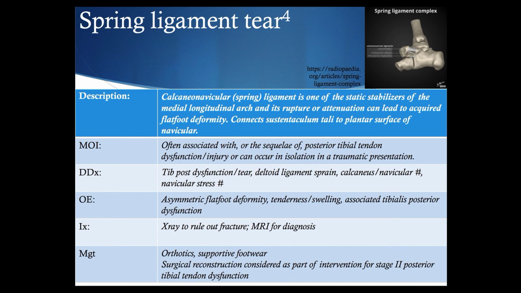And it certainly can be associated with, or the result of, acute or chronic posterior tibialis tendon dysfunction or injury. And really looking for an asymmetric flat foot deformity in these cases, and screening for associated tib post dysfunction as well. Supportive footwear and orthotics may be helpful, and with higher grade tib post injuries or dysfunction, surgical reconstruction may be considered.